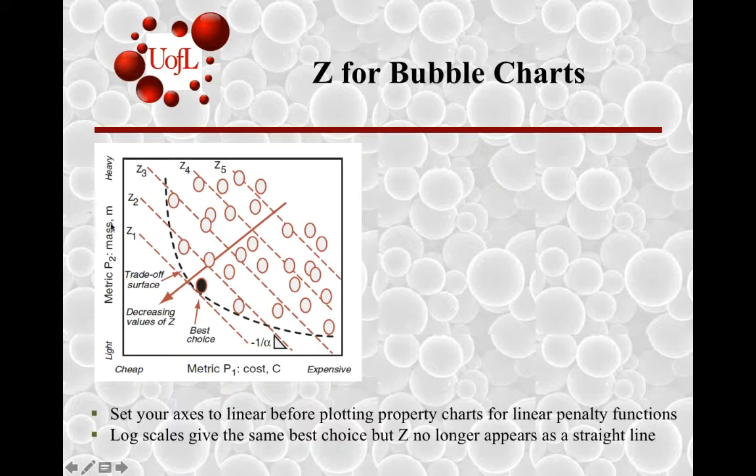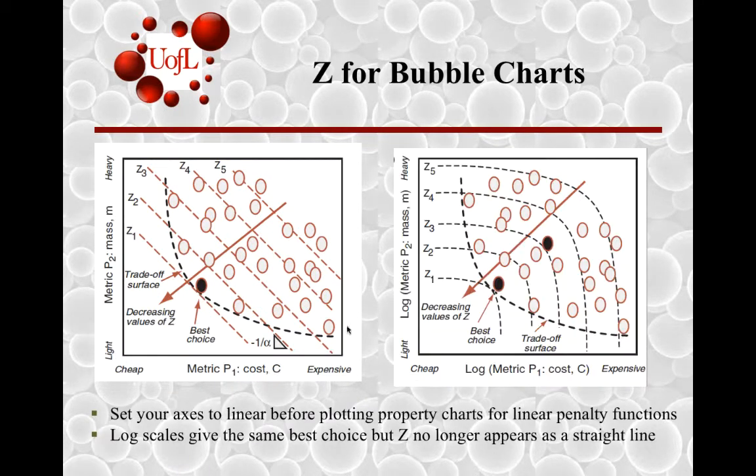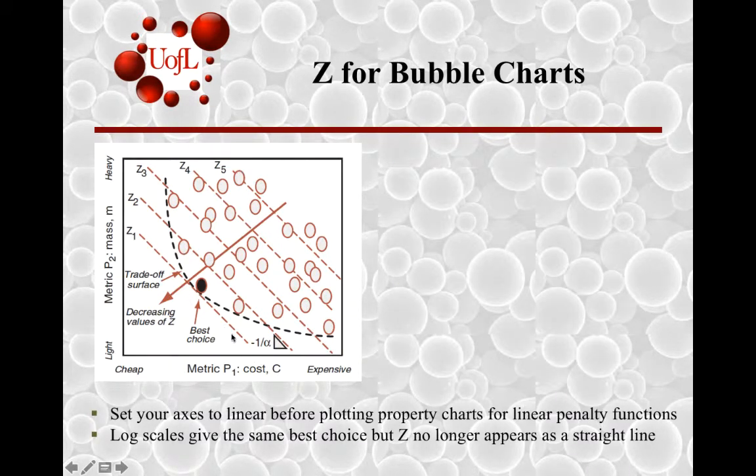So for instance, in the case of metric P2 versus metric P1, in this first case it's mass on the y-axis and c on the x-axis. You have range from light to heavy on the y-axis, cheap to expensive on the x-axis. You can begin to minimize z for a given value of alpha by working through a bunch of parallel lines.